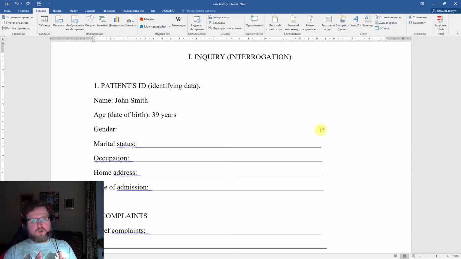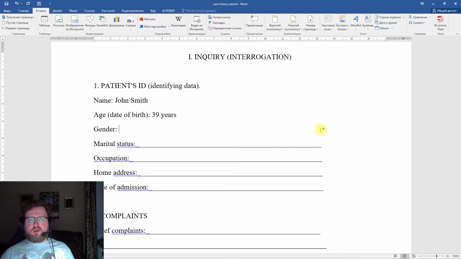So in the modern world, especially if you're going to work in the USA or in Europe, that can be a real great issue. I know cases when a doctor was sued in court for wrong identification of a person's gender. So you have to ask this question: what is your gender?